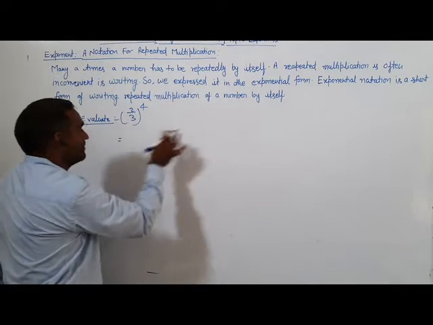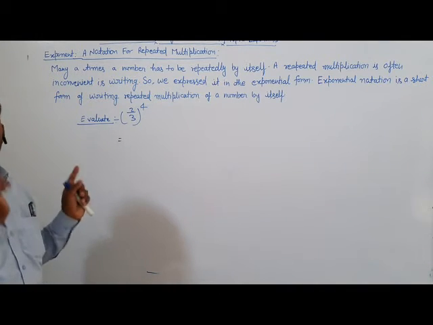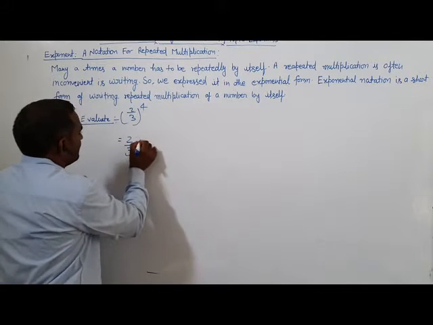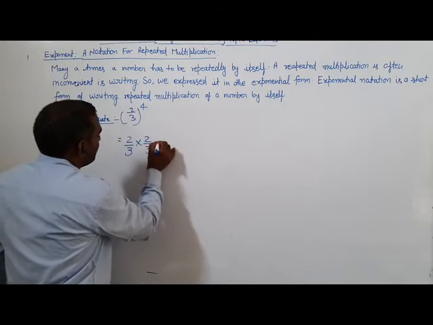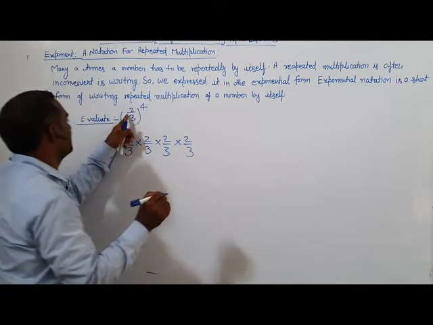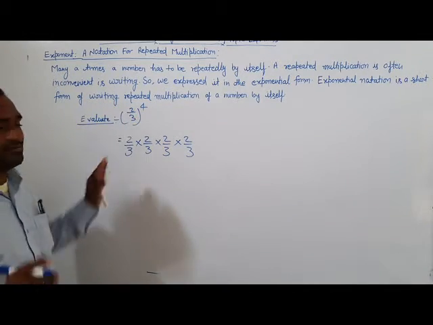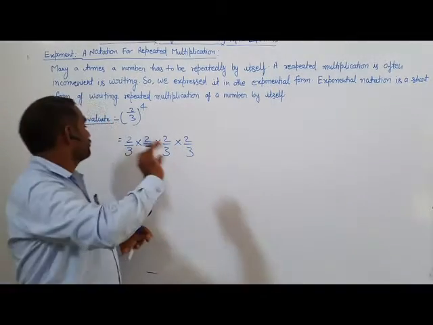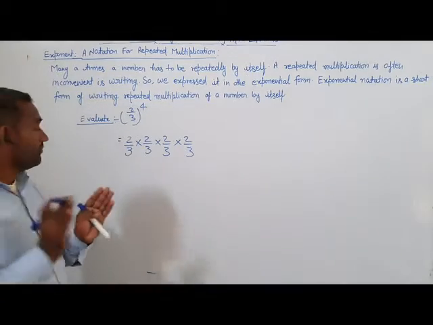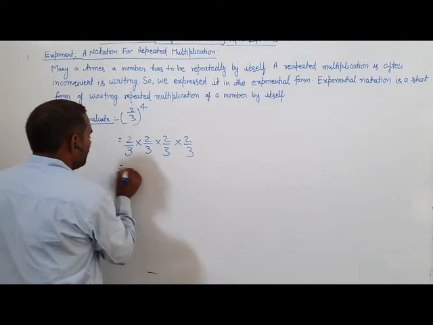So open this: 2 by 3 is repeated 4 times in multiplication form. So we write 2 by 3 into 2 by 3 into 2 by 3 into 2 by 3, 4 times. Now we have to multiply numerator into numerator, denominator into denominator.